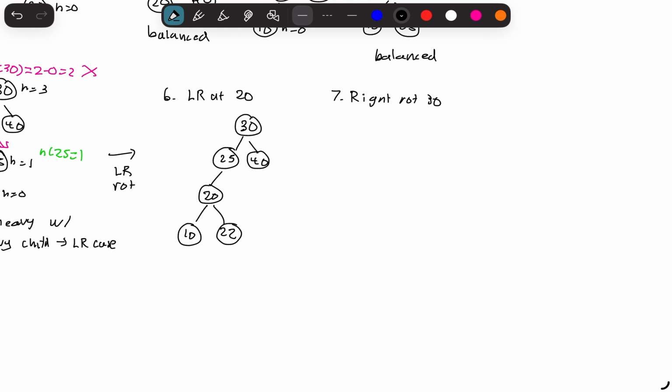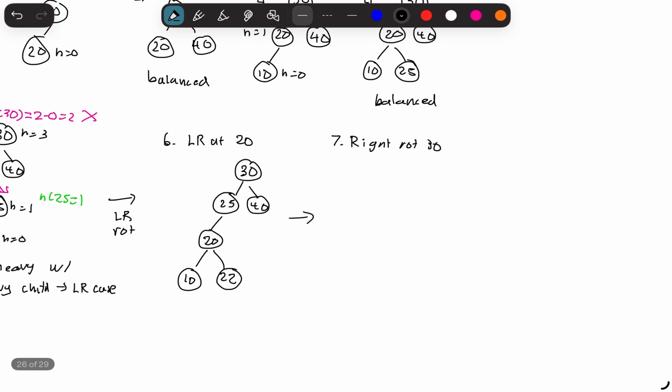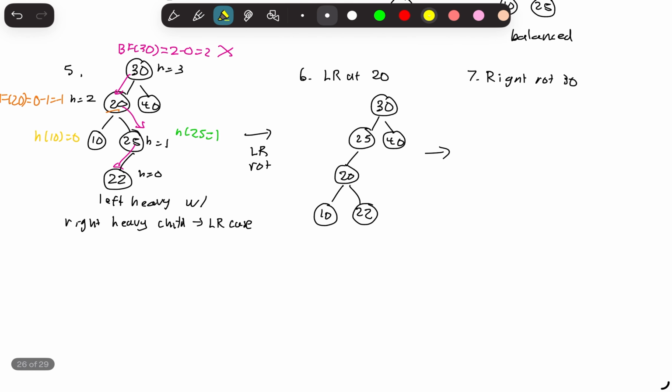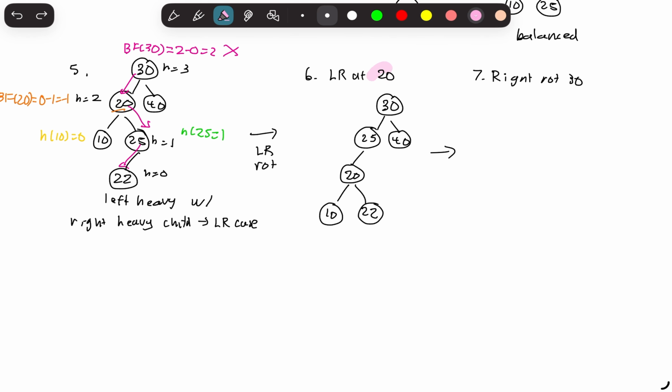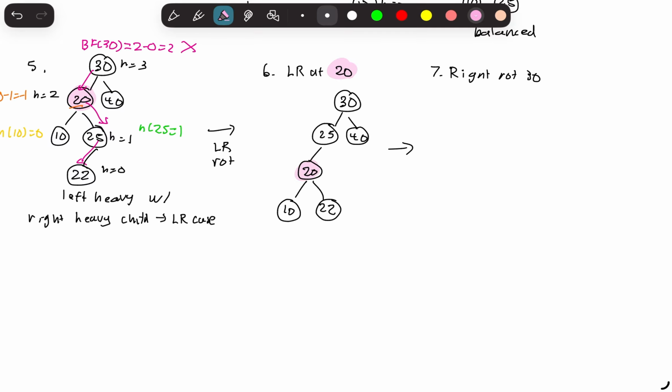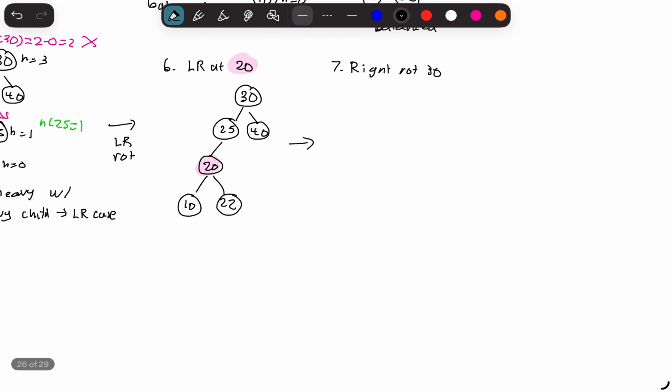And after this, we're going to rotate it at 30. So here we're going to do it at 30, with 25.